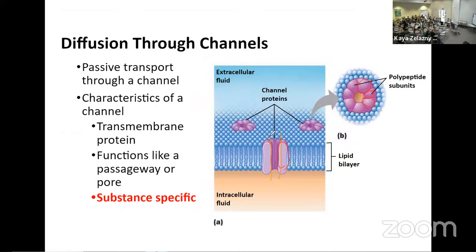We will have open and closed states, but once it's open, you can just have however many ions walk over. So there's a little bit of a consideration there that's different than when we're waiting for a carrier protein to change shape and kind of flip across. So still a transmembrane protein, just slightly different function to it.